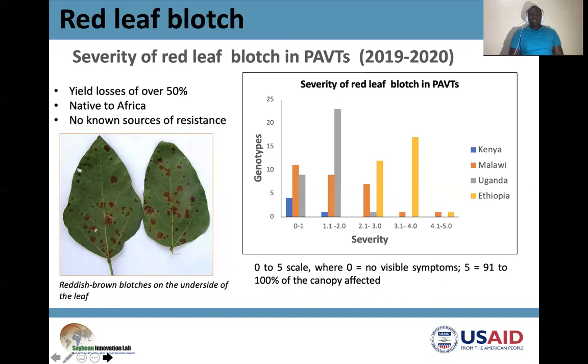The severity scale was 0 to 5. In Ethiopia, the severity of the genotypes planted was between 3 and 5, which is high severity, compared to those planted in Kenya, which was between 1 and 1.1.